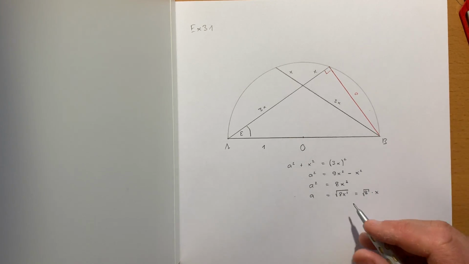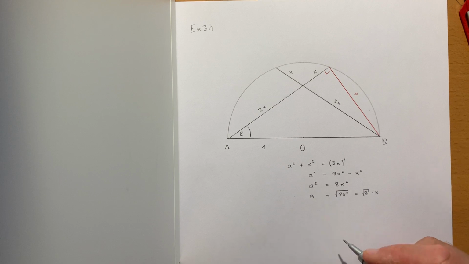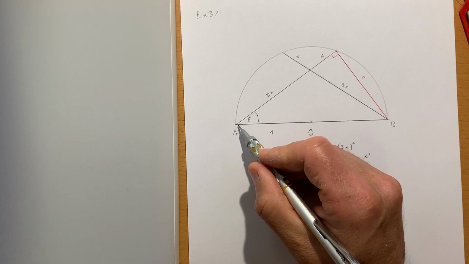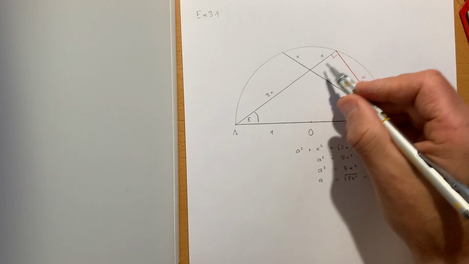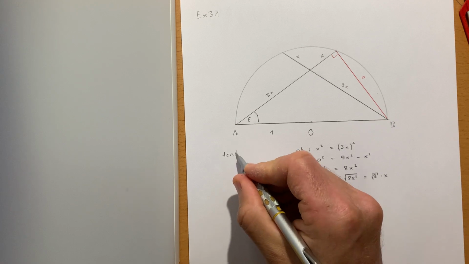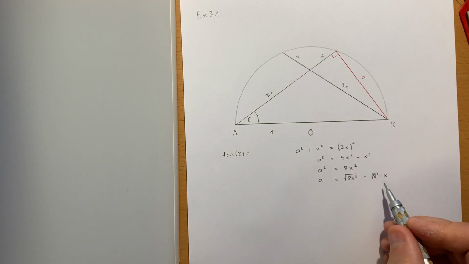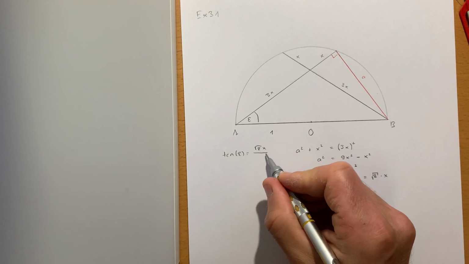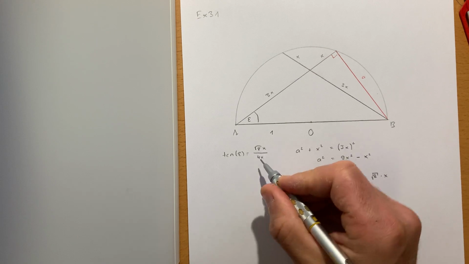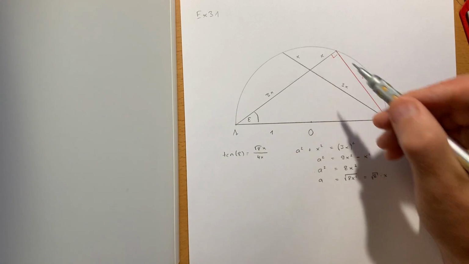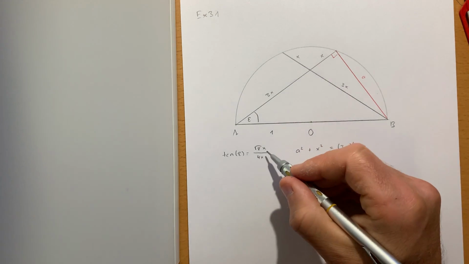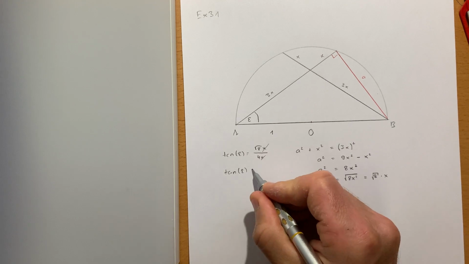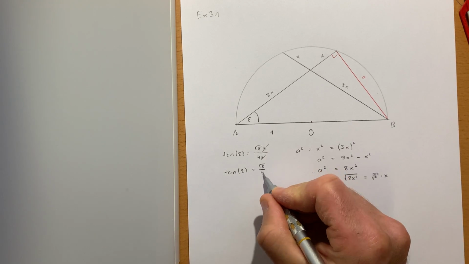Well, first, now we can work out epsilon quite easily. Because look, we know tangent of epsilon is opposite over adjacent. So tangent of epsilon is opposite, which is the square root of 8 times x, over 4x, because this is 3x plus x, it's 4x. So you lose the x, and tangent of epsilon is the square root of 8 over 4.